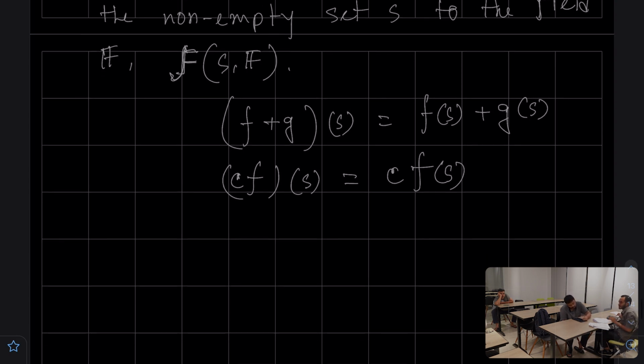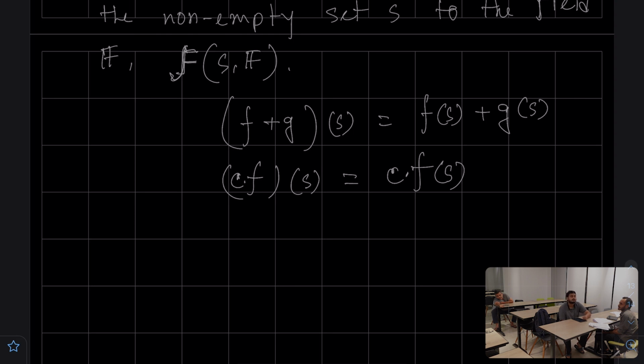Is it going to be a vector space under these two operations? Yes, it is a vector space. Why? When you have c f on the left, c is an element from the field. These two dots are not the same.